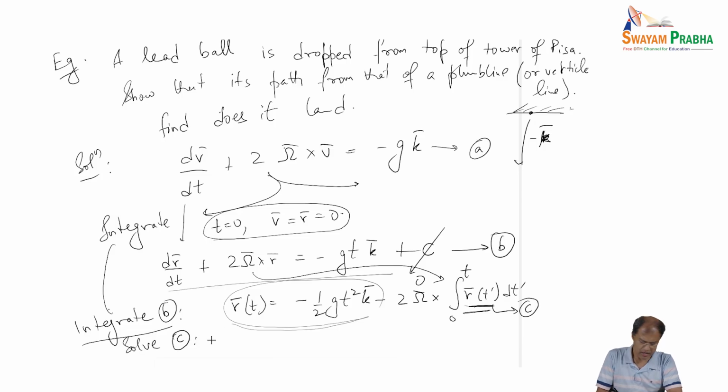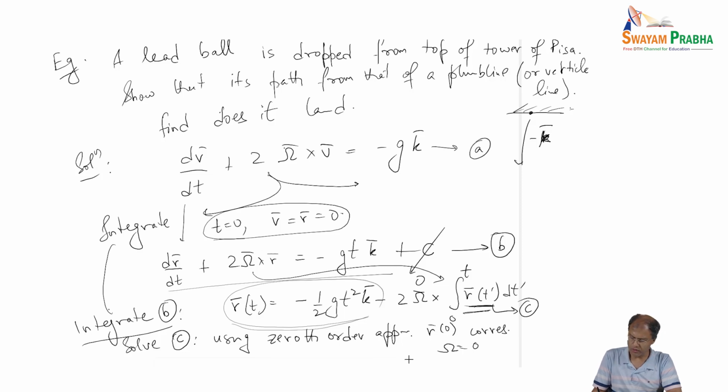So we solve c using the zeroth order approximation R0 corresponding to omega equal to 0.